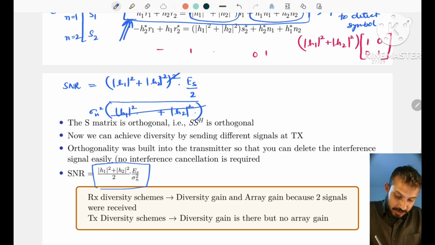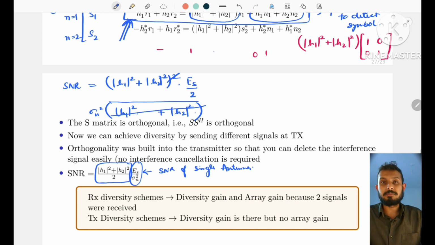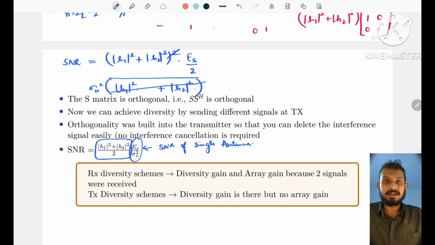And from this expression also, you can see that this ES by sigma N square can be viewed as the SNR of a single antenna. And this has the diversity gain coming because of the transmit diversity.